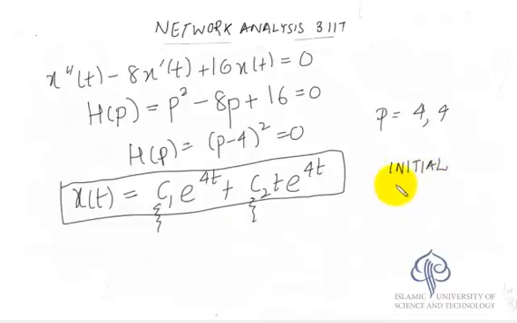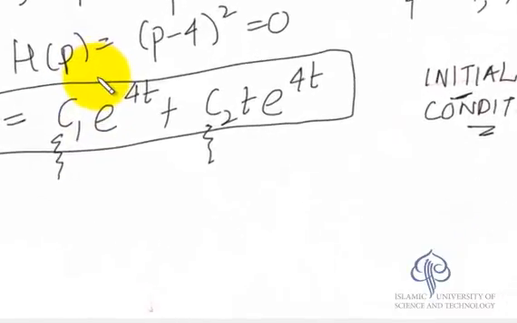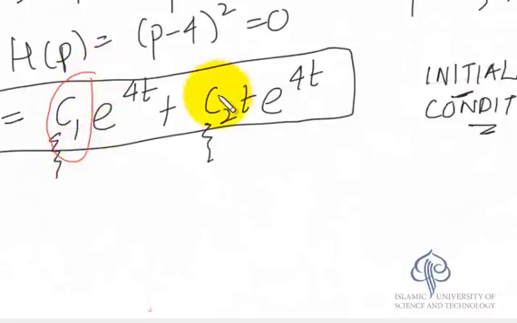We'll talk about this in more detail in subsequent lectures, but the general solution is going to be something like this, and you will get a more specific solution if you know the initial conditions, and then you're able to find c1 and c2.